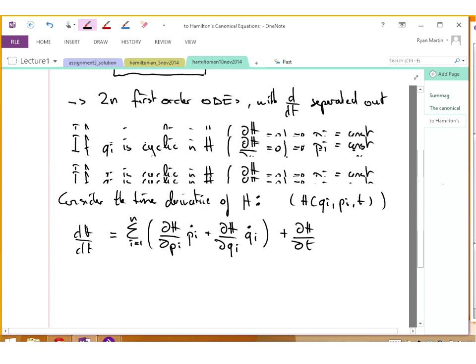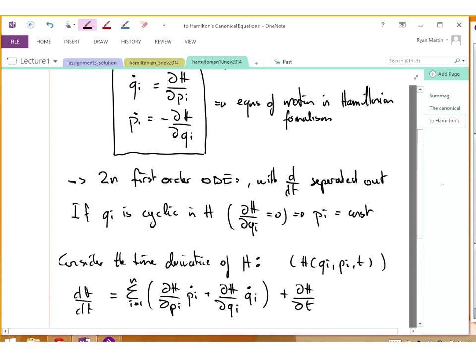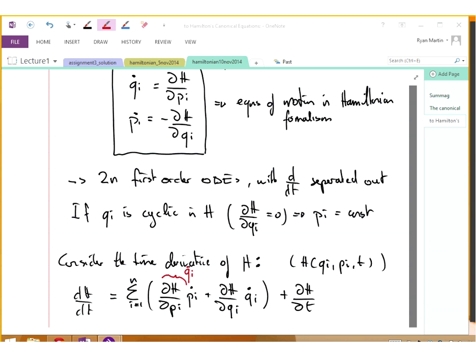Now let me substitute the canonical equations into this. You notice that this part here is q_i dot, and this part here is minus p_i dot, just substituting in the two canonical equations that are boxed.